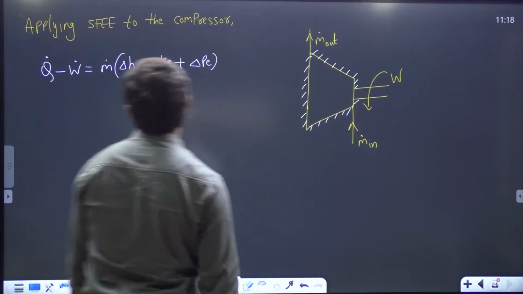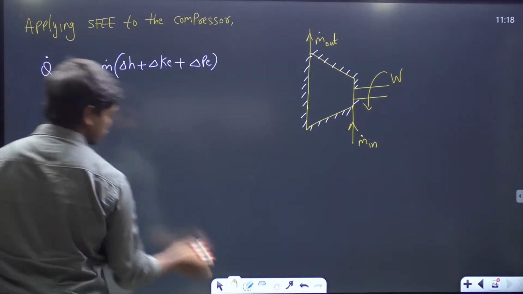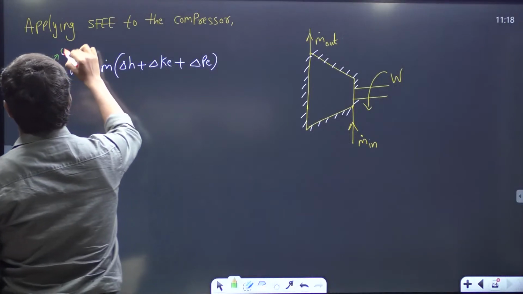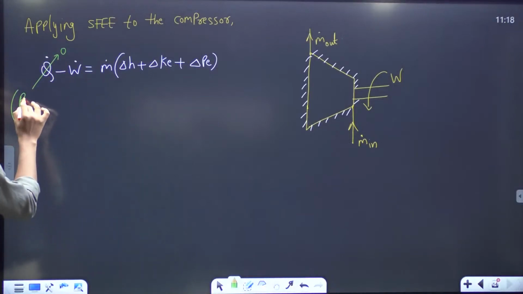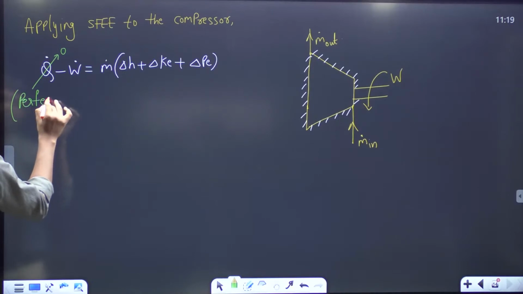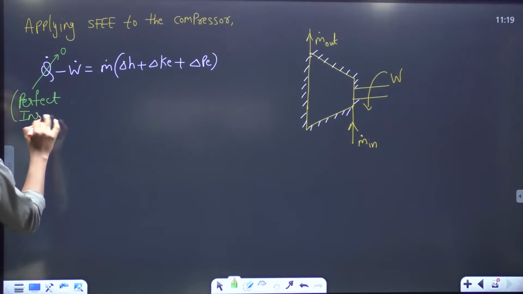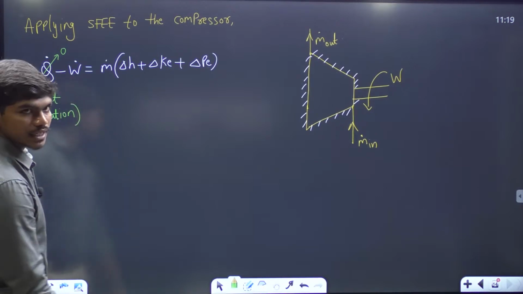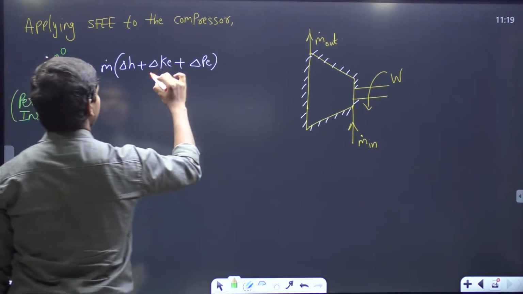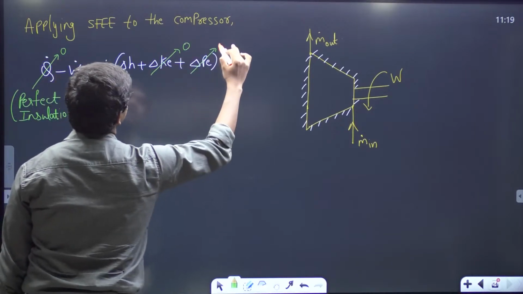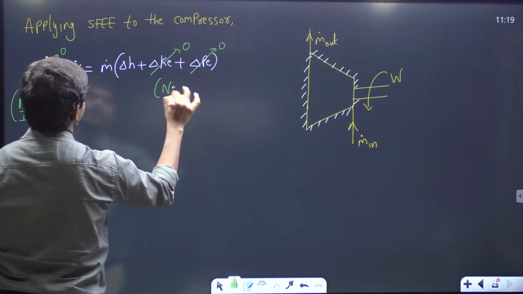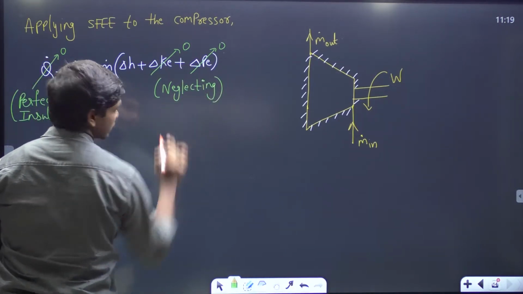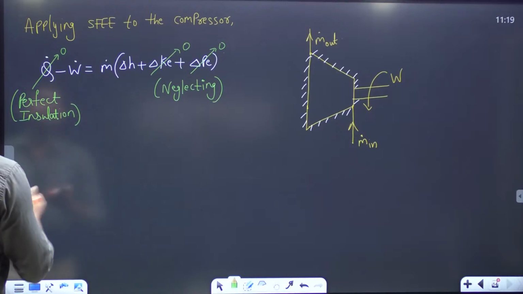So if you insulate, then what happens? This Q dot can go to 0 because of perfect insulation. There is some work transaction happening with the system. Neglecting the kinetic energy changes and potential energy changes, see what happens.